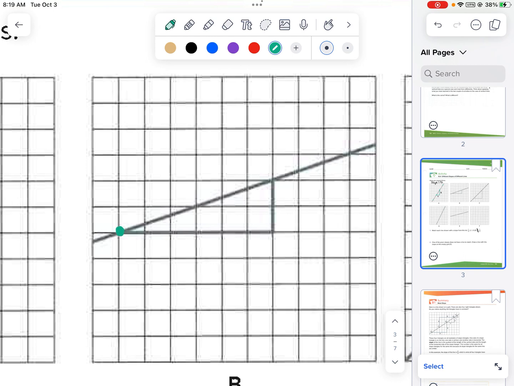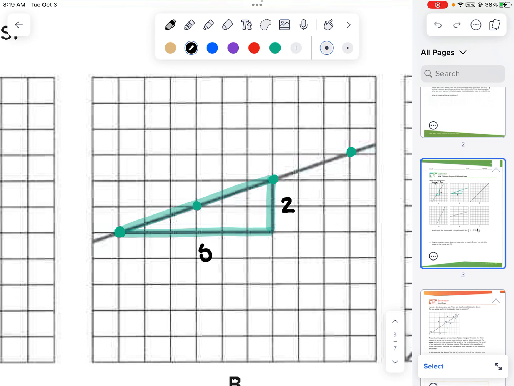For B, we have all of these options, but the ones they chose are here. So for B, we have a rise of 2 and a run of 5.